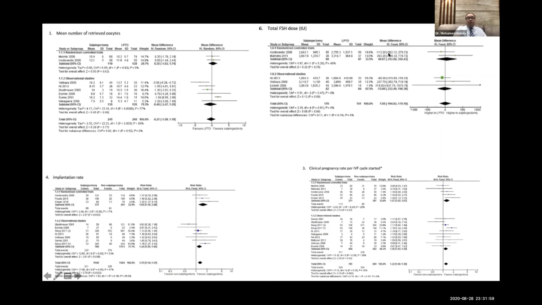Also, for the dose of FSH, there is no difference between the salpingectomy and non-salpingectomy groups. On the other hand, implantation rate and clinical pregnancy rate were in favor of the salpingectomy group. So salpingectomy improved live birth rate and clinical pregnancy rate without affecting the number of retrieved oocytes or the total FSH dose needed for the cycle.